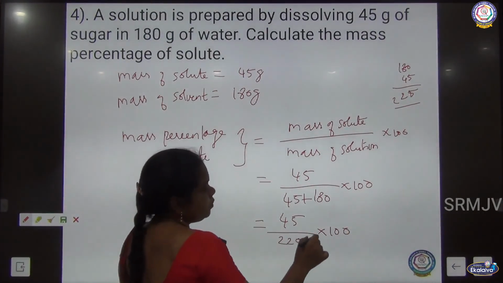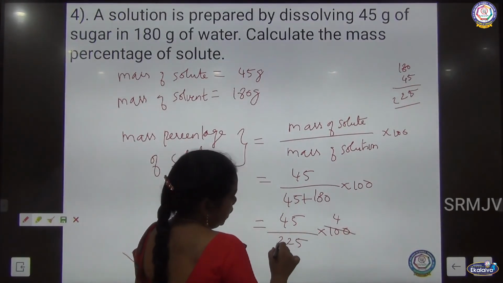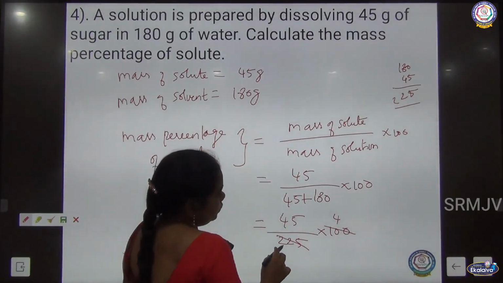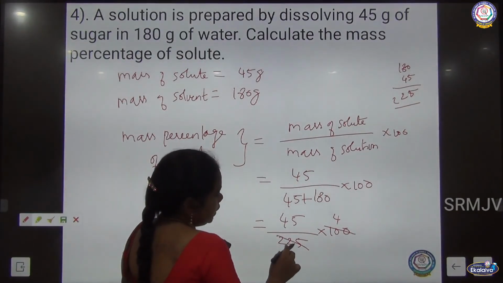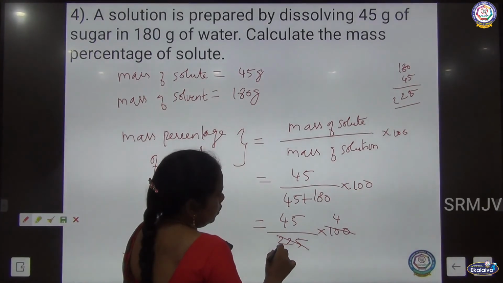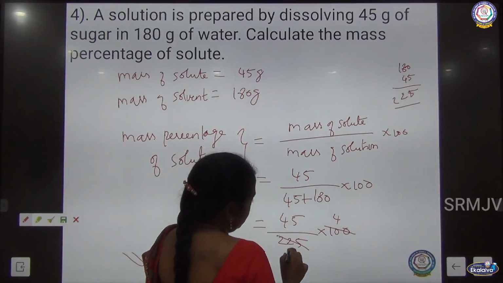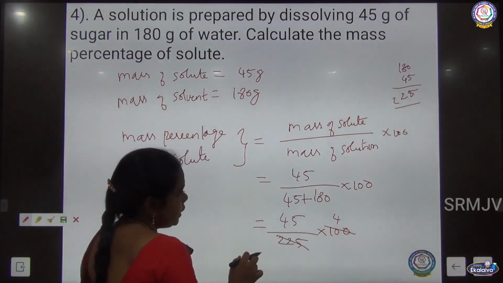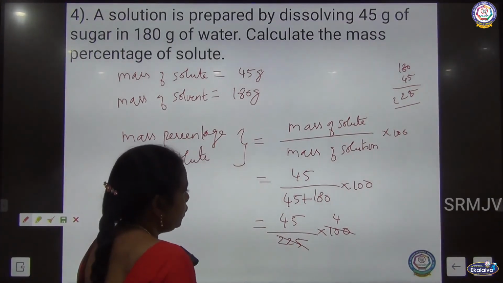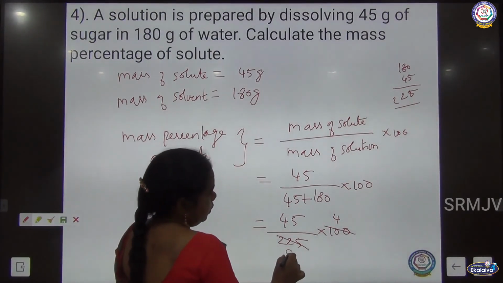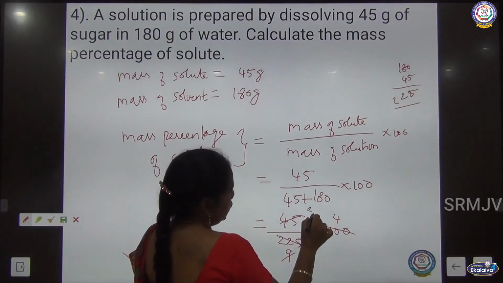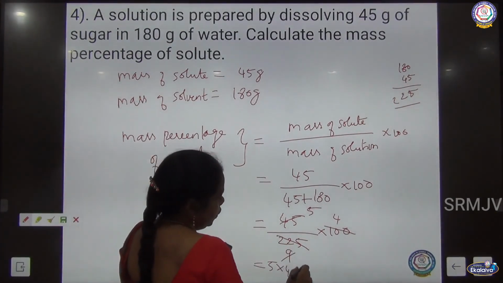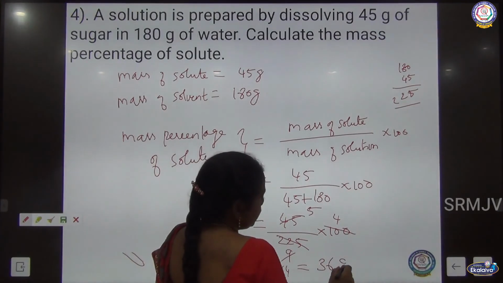If you divide this by 25, 4 times, 4 25s are 100, then 8 25s are 9, and then this one is 5. So 5 into 4 equal to 36 gram.